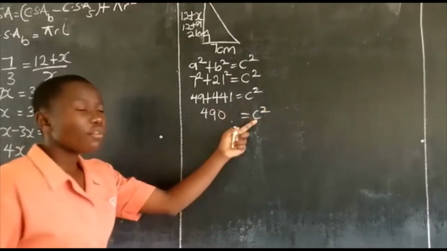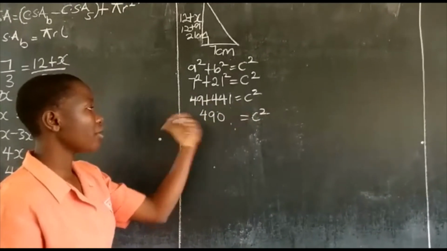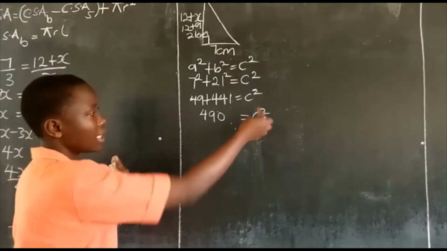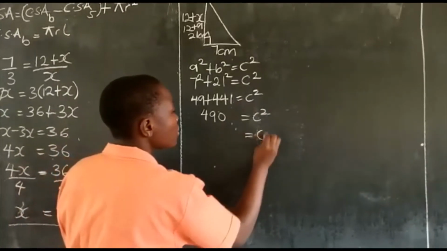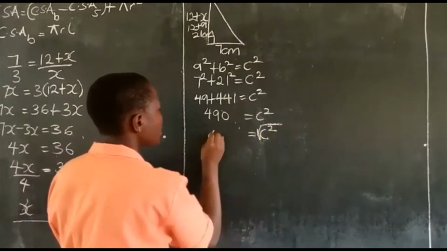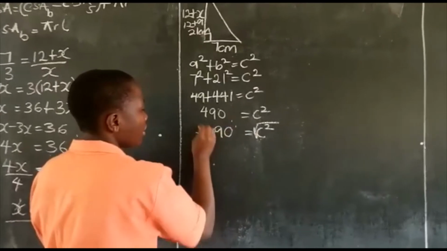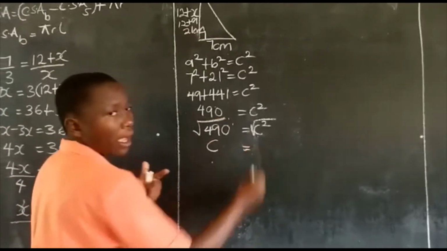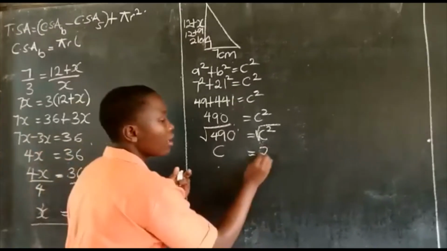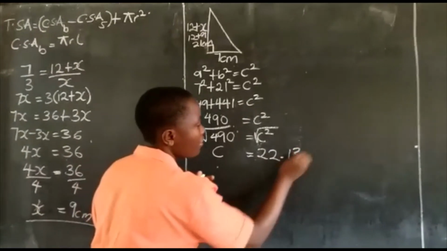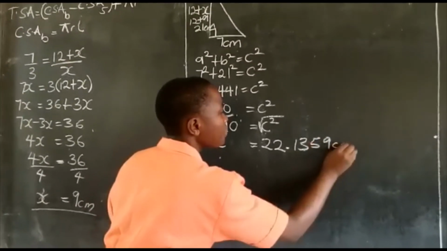And to find the value of c, we shall place square roots on both sides so that we can eliminate the square on c. So c squared square root is equal to the square root of 490. Our c will be 22.1359 centimeters.